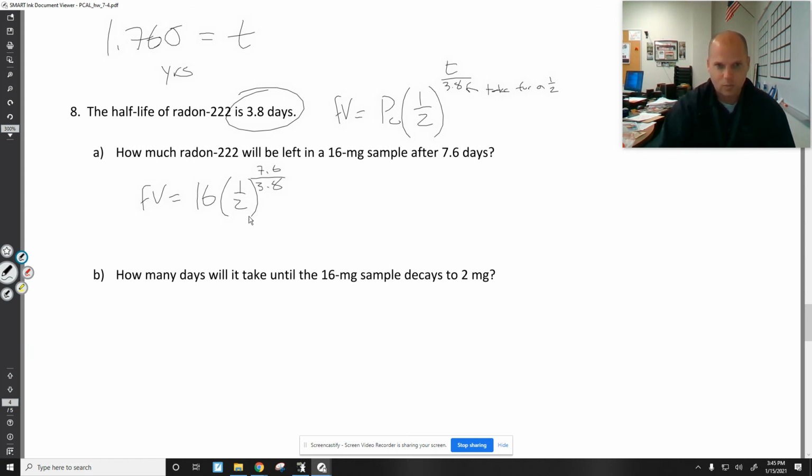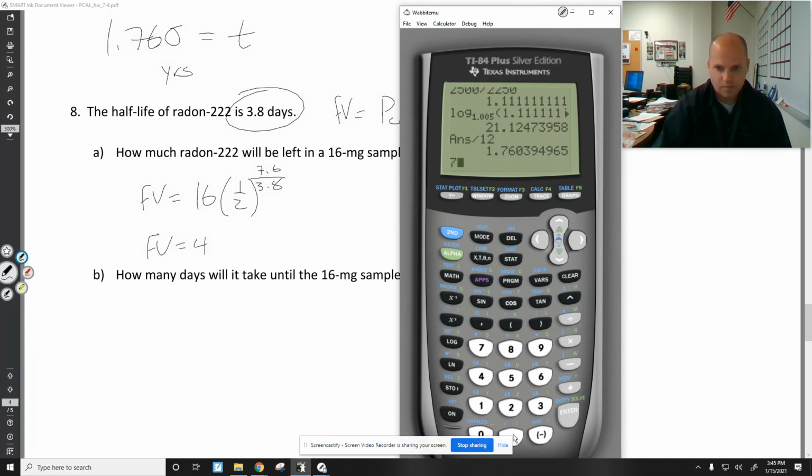This is just 1/2 squared, which is 1/4. I should do that just to check. 7.6 divided by 3.8 is 2. Good. 1/2 squared is a quarter times 16, 4.